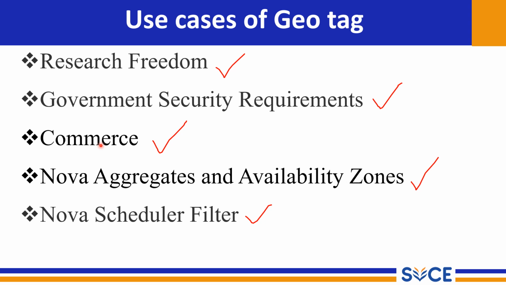And what do Nova aggregates and availability zones mean? The partitioning, resource reservation, and fault tolerance benefits that Nova aggregates and availability zones bring have a lot in common with geotags.